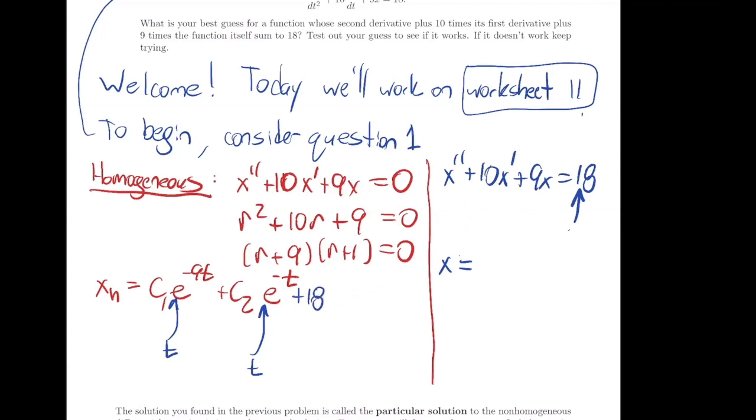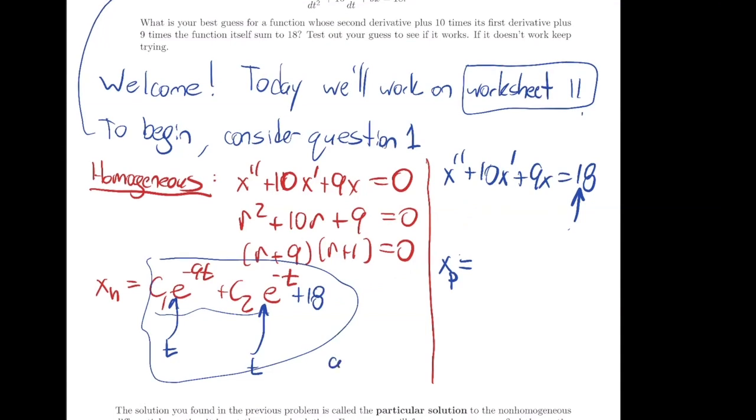Yeah. The thing you want to be careful about is that I know if I plug y_h into that differential equation, I get 0. So if I were to plug this into the differential equation, the piece in red is going to give me 0. So let's just consider, I'm going to call this x with the subscript p to denote a particular solution.